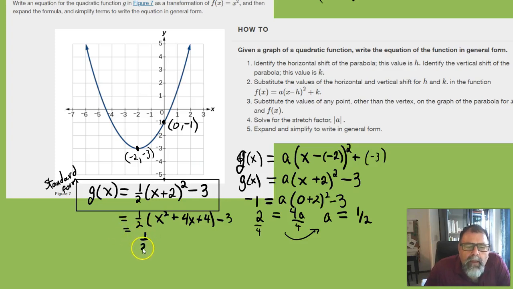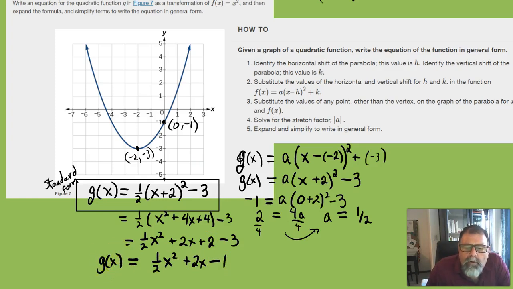So we get 1/2 x squared plus 1/2 times 4 is 2x, 1/2 times 4 is 2. Okay, that's the end of the parenthesis. Minus 3. So then combine like terms. We get 1/2 x squared plus 2x, and then 2 minus 3 is -1. So that is our general form.